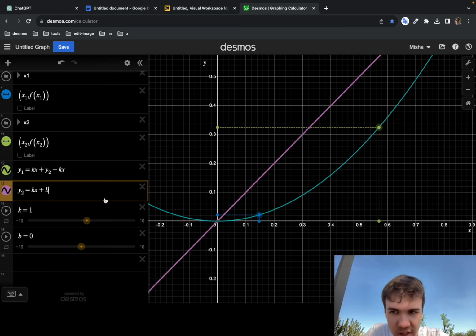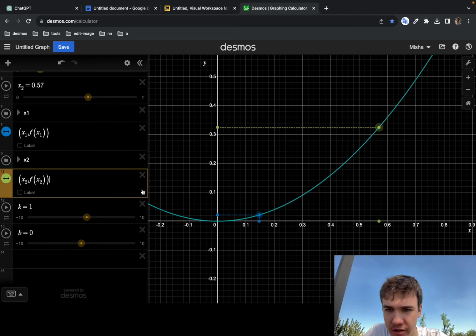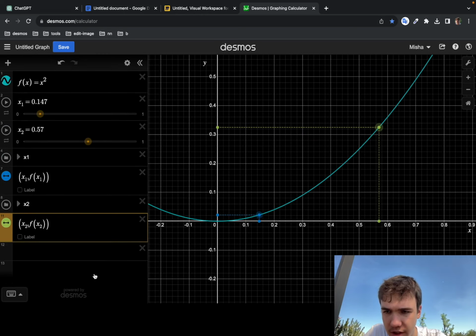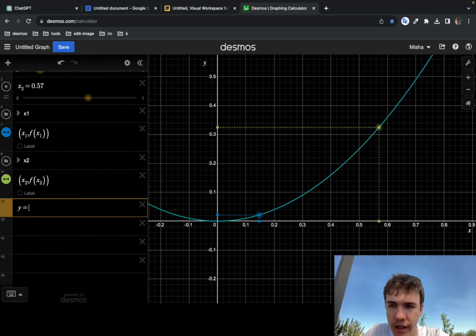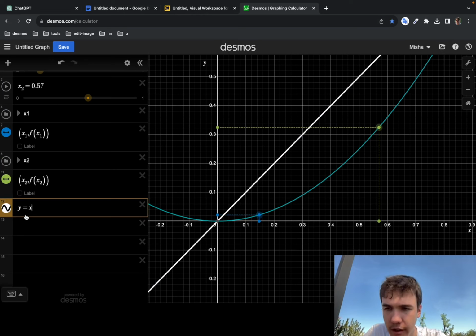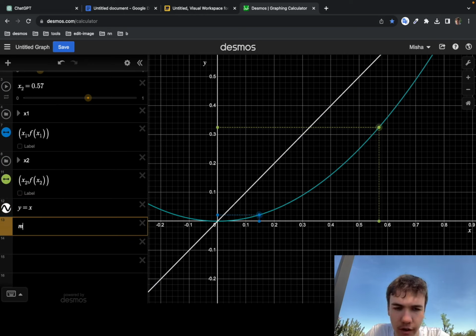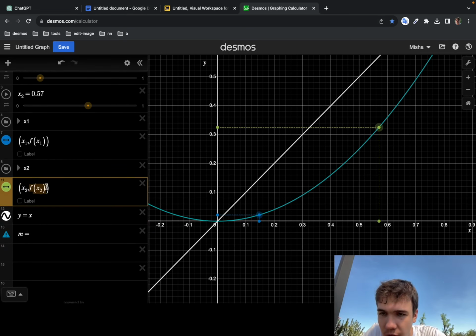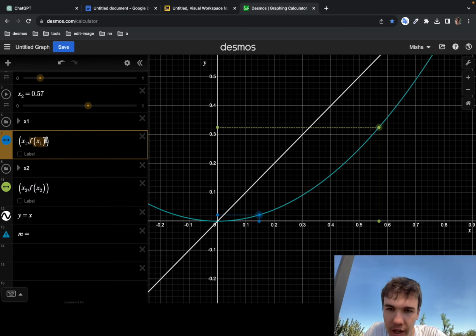So now we're going to make it. Let's delete these functions, because they're not needed anymore. Just one of them is needed. Let's create y is equal to x. Okay, we've created a new function, and now I want to say what is our k or m. Let's use m in the context of Desmos, which is the same as k here. What are our y1 and y2? This is our y2, f of x2, and our y1 is f of x1.